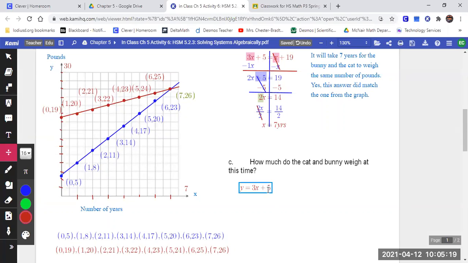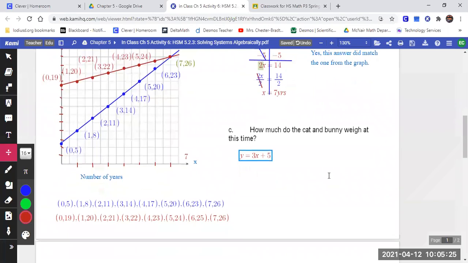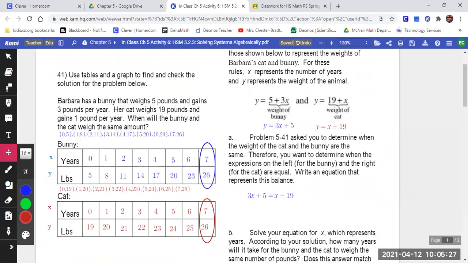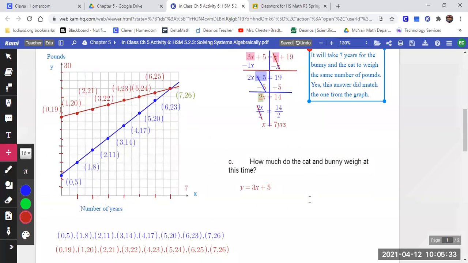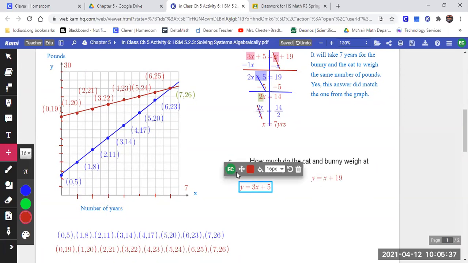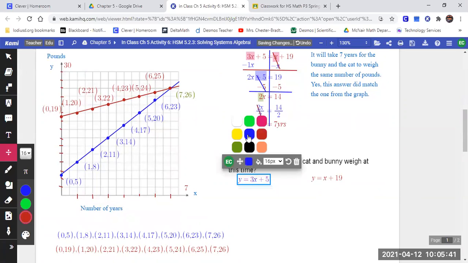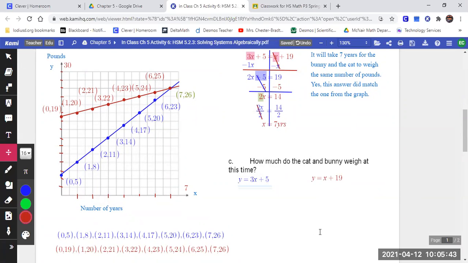Now, you do not have to put this x into both equations. You just have to put it into one of them. So you can put it into either the bunny or the cat, okay? But whatever one you use to find the y value, the other one gets used to do the check. So which one do we want to use for our pounds and which one do we want to use for the check?